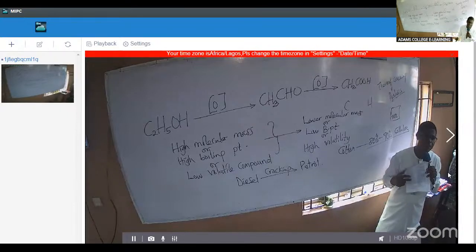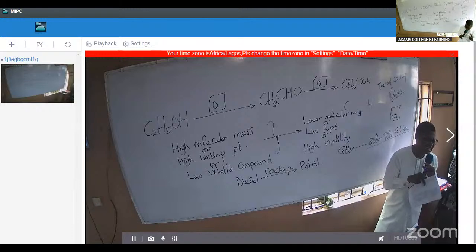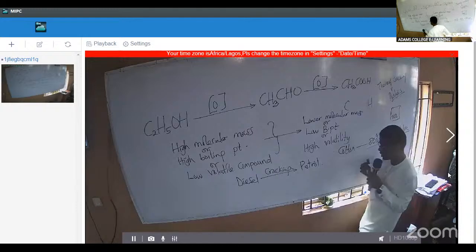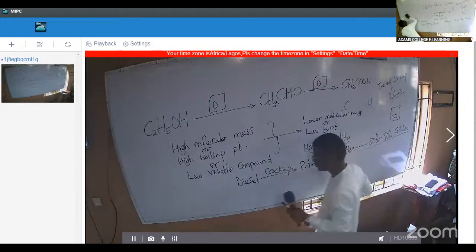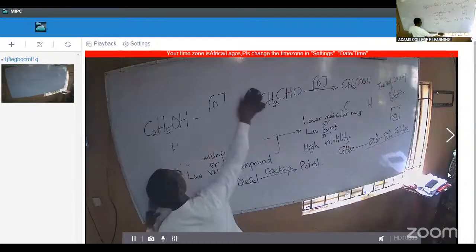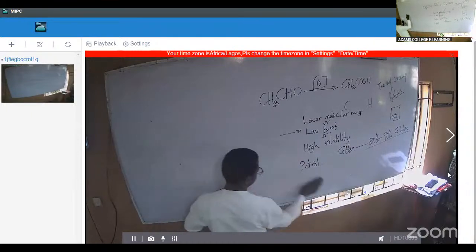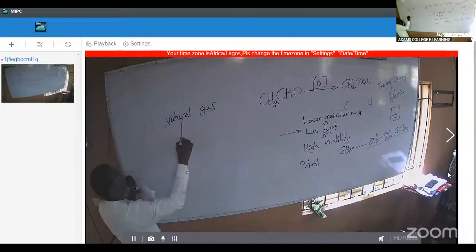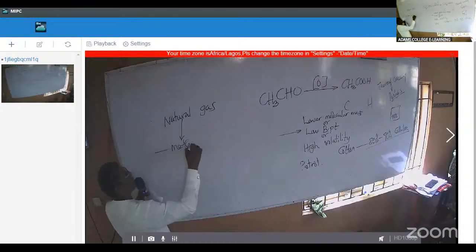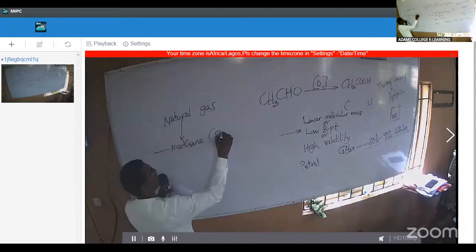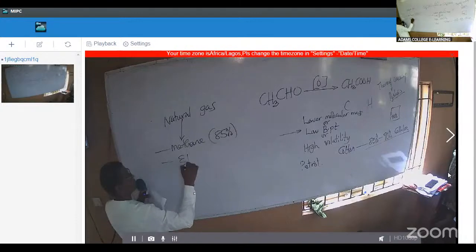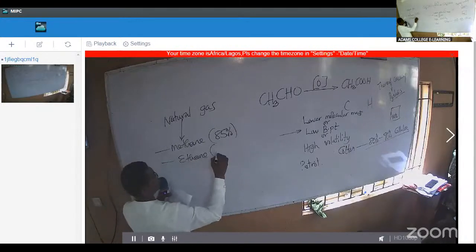When you hear natural gas, the major thing there is methane. Let me give you the components of natural gas. Methane is about 85%. Then you have some ethane, about 10%.